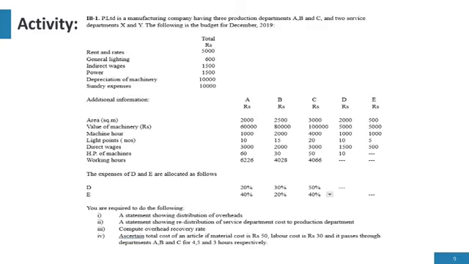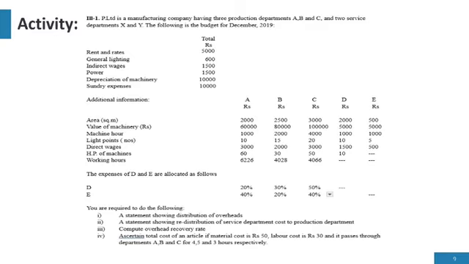You are then required to do the following. First one, a statement showing distribution of overhead. Second one, a statement showing redistribution of service department cost to production department. Third one, compute overhead recovery rate.